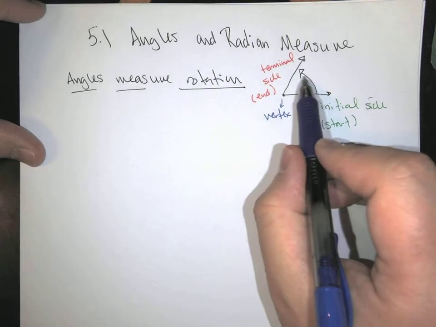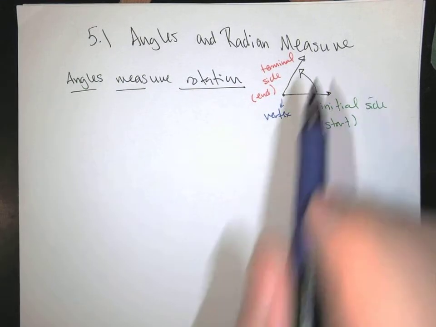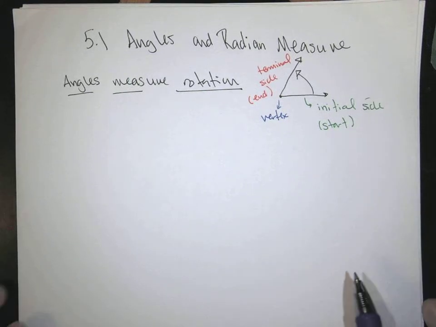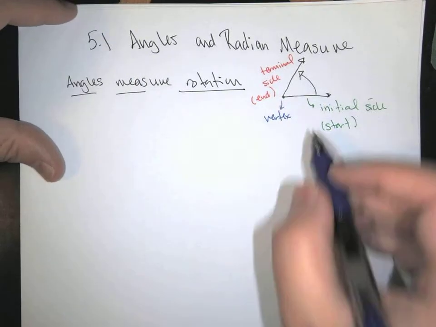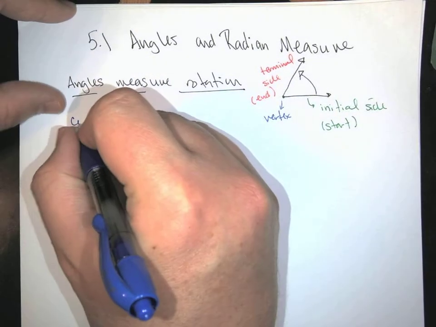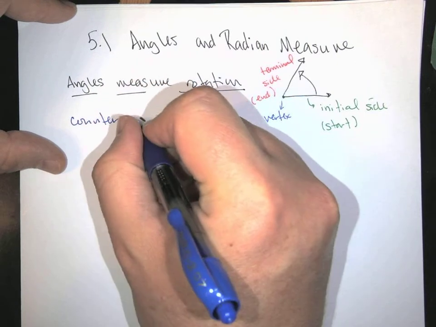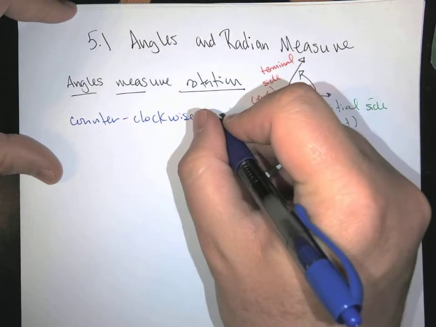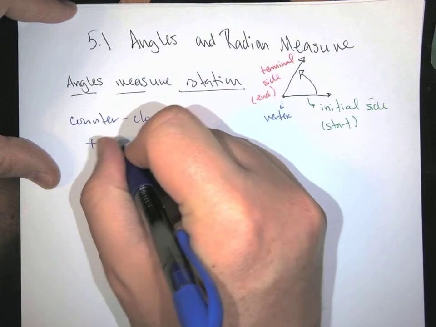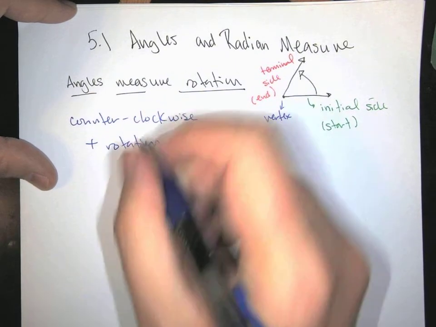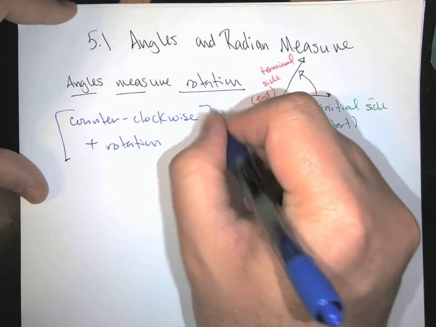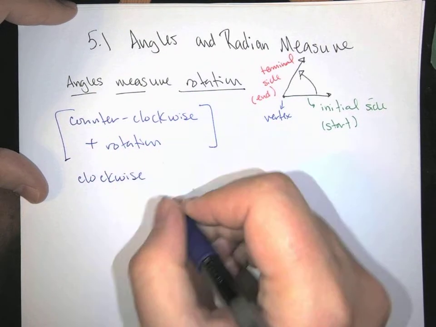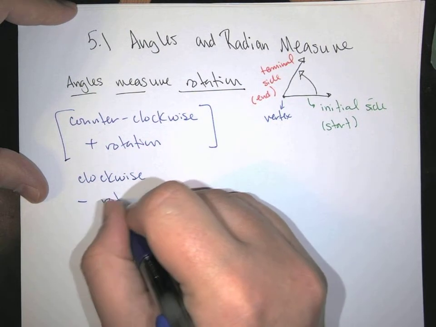And we'll mark a little arc here with an arrow on it to indicate which direction we're rotating. So if we rotate in this direction, this is counterclockwise. So that's going to be positive rotation. If we go clockwise, that's going to be negative rotation.